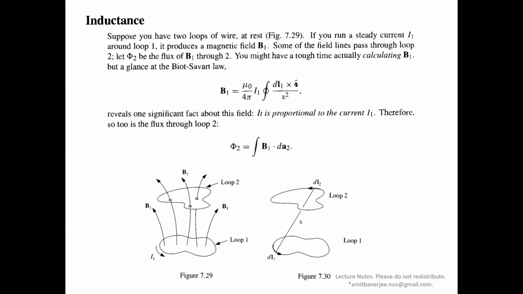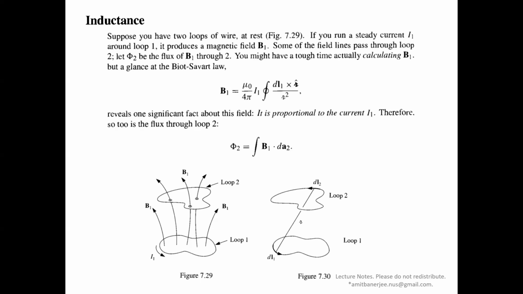You may have a tough time actually calculating B1 at a glance, but from the Biot-Savart law you can calculate it, because we have already figured out this equation for a current carrying loop, how much the field will be at a distance r. This will be this expression, and it is proportional to the current I1. Therefore, the flux through loop 2 will also be proportional to the current I1.